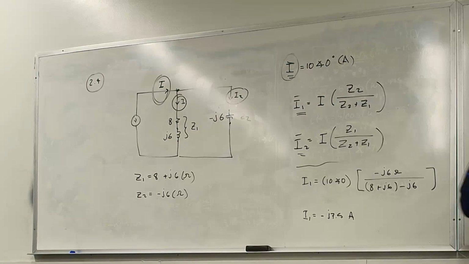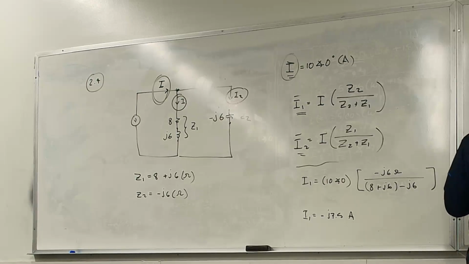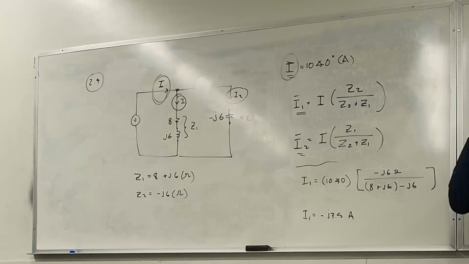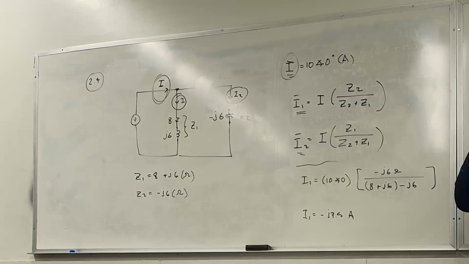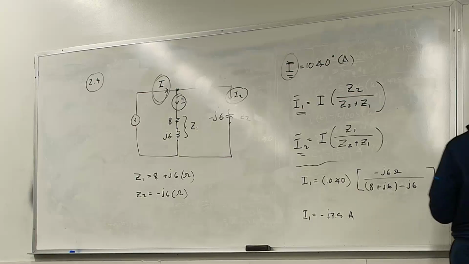If you plug this into your calculator, you should get I2 equal to 12.5 angle plus 36.87 degrees. And we'll talk about this in a second.